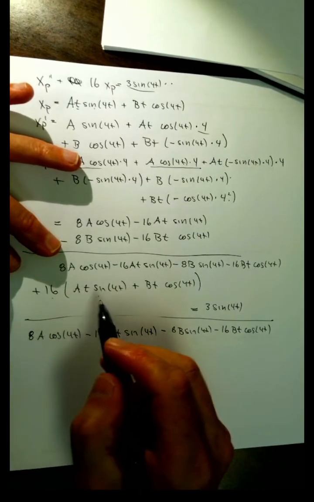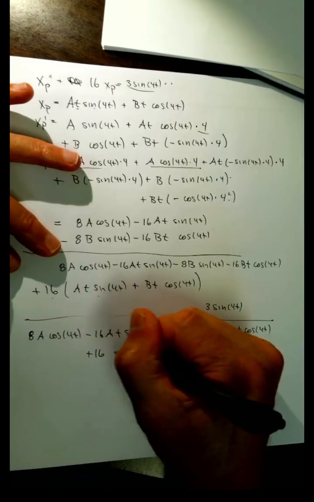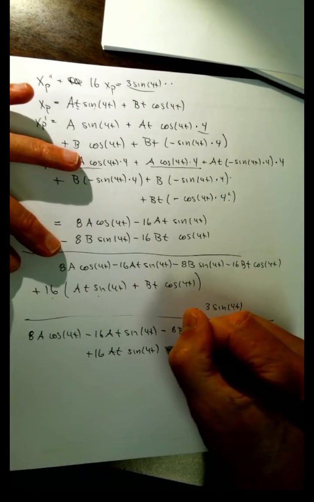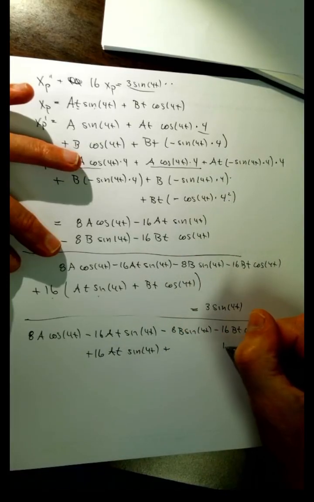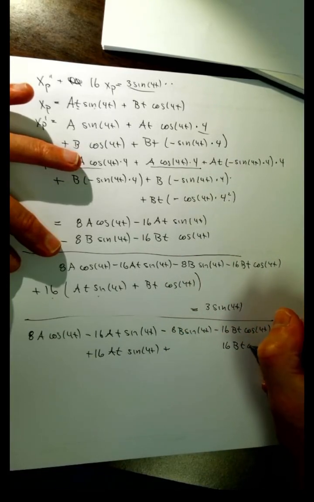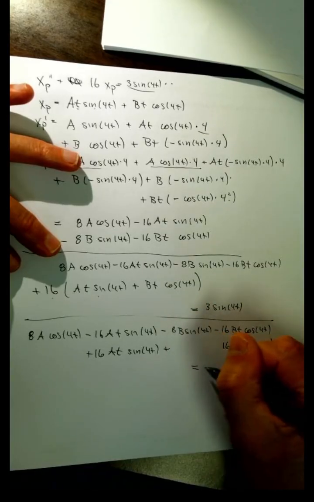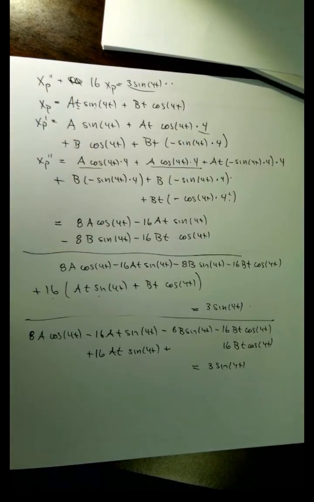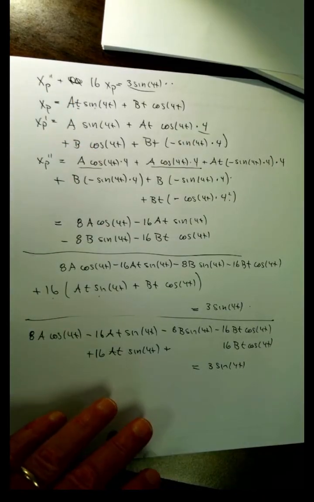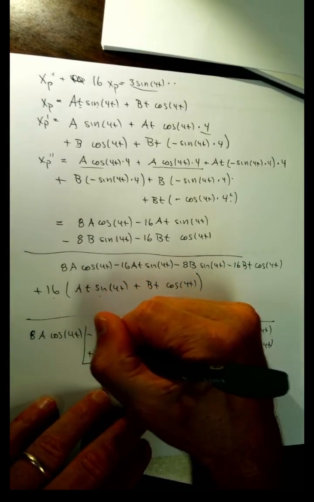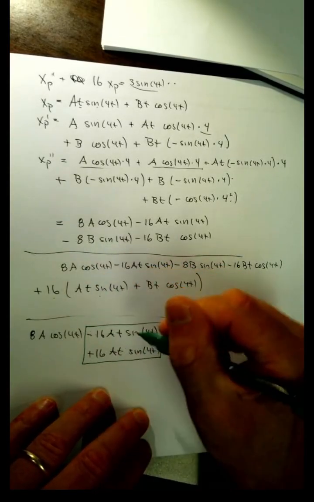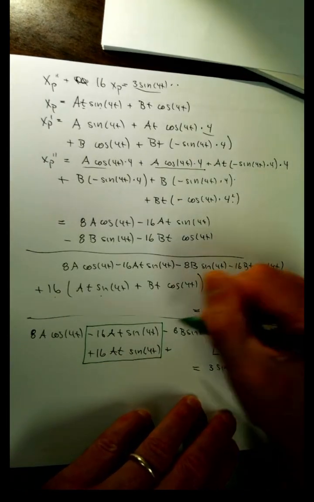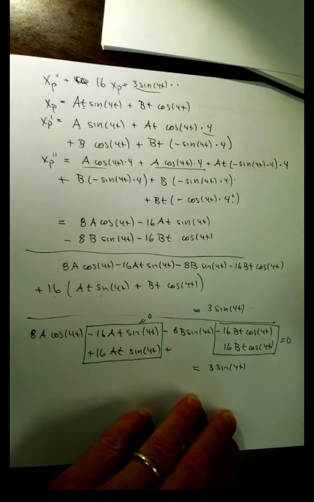Multiplying through by the 16, I get plus 16 at sine of 4t plus, now this becomes a 16 bt cosine of 4t, is all equal to 3 sine 4t from my right hand side. Now I should immediately notice nice things happening. Minus 16 plus 16 of these gives me 0, and minus 16 plus 16 of these gives me 0. So those cancel.